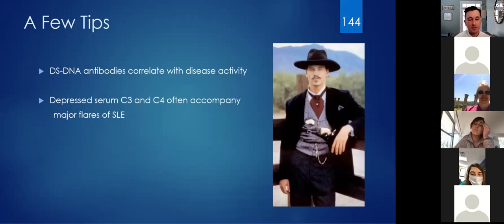So these aren't perfect tests, but in patients who have both lupus and fibromyalgia and they come in with a variety of complaints, if their double-stranded DNA is through the roof and you can't detect their complements, C3 and C4, it's probably lupus driving that. Now, if those labs are normal, it doesn't tell you it's not lupus, but it's just more data, okay?